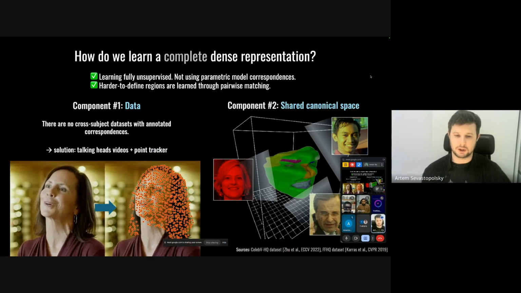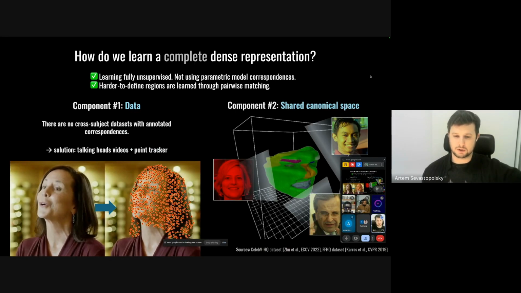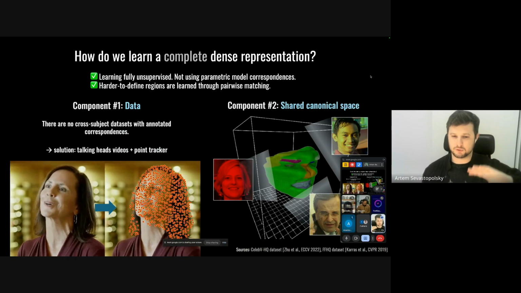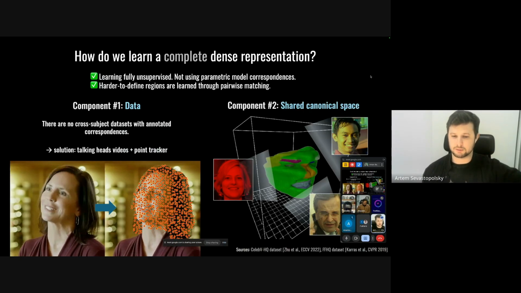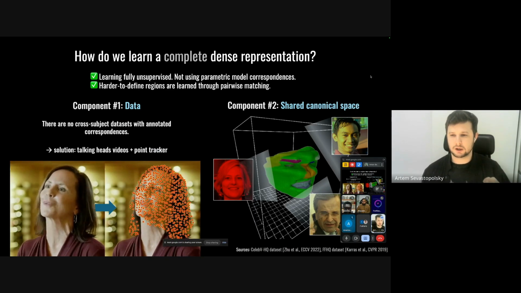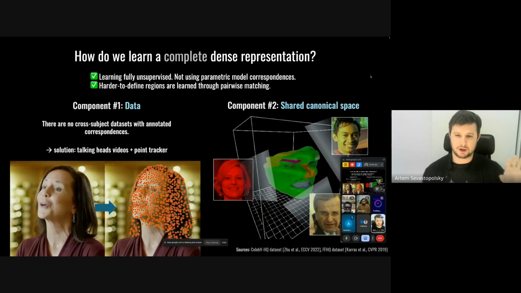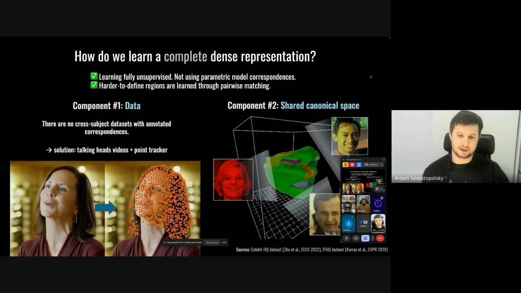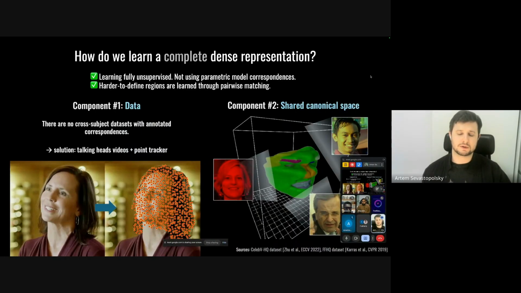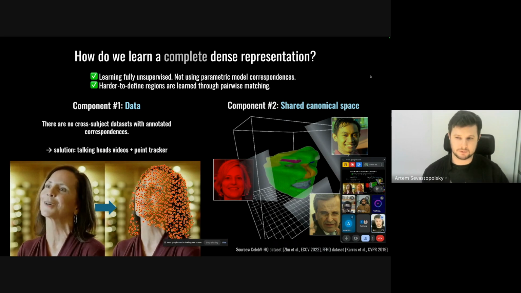So even though in the dataset we have only videos where each video is of the same person, and so supervision is only coming from pairs of frames of the same person, we use a canonical space, which bottlenecks the network to project every image into the same space. And this is an inherent assumption for the network that every face could be seen as a realization in the same canonical space.